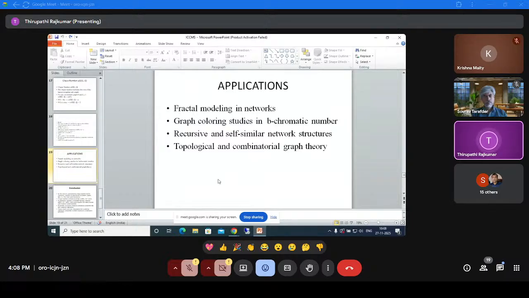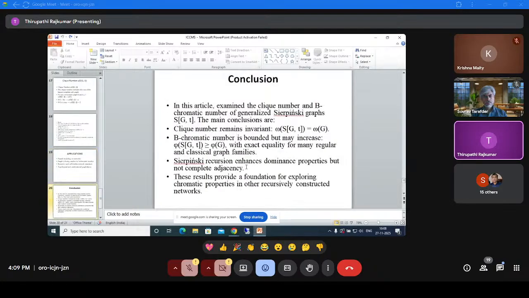Applications: fractal modeling in networks, graph coloring studies in b-chromatic number, recursive and self-similar network structures, topological and combinatorial graph theory. Conclusion: in this article we examine the clique number and b-chromatic number of the generalized Sierpinski graph S(G,t).